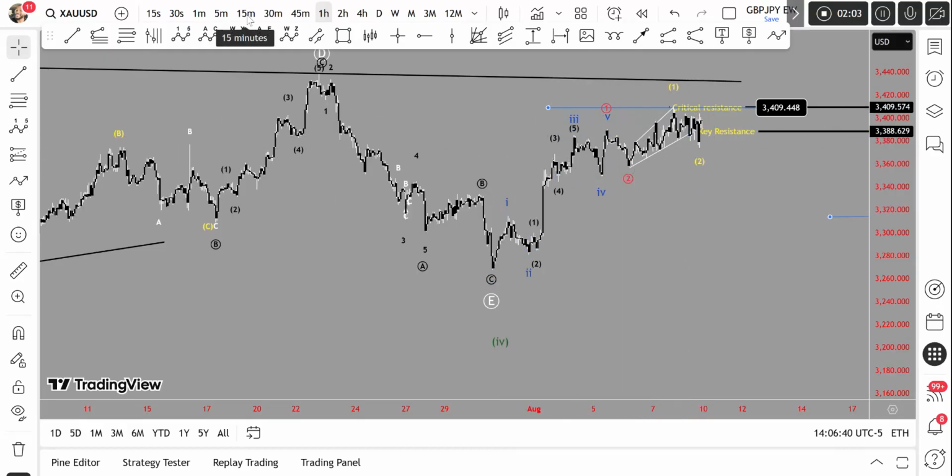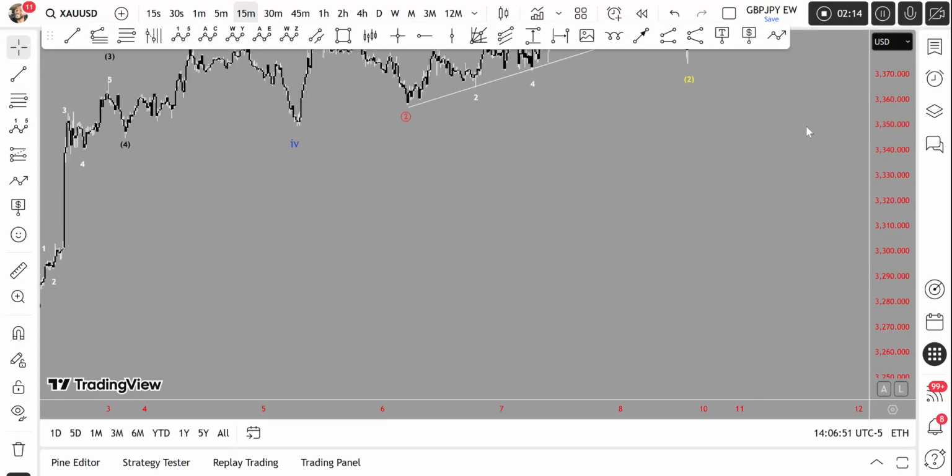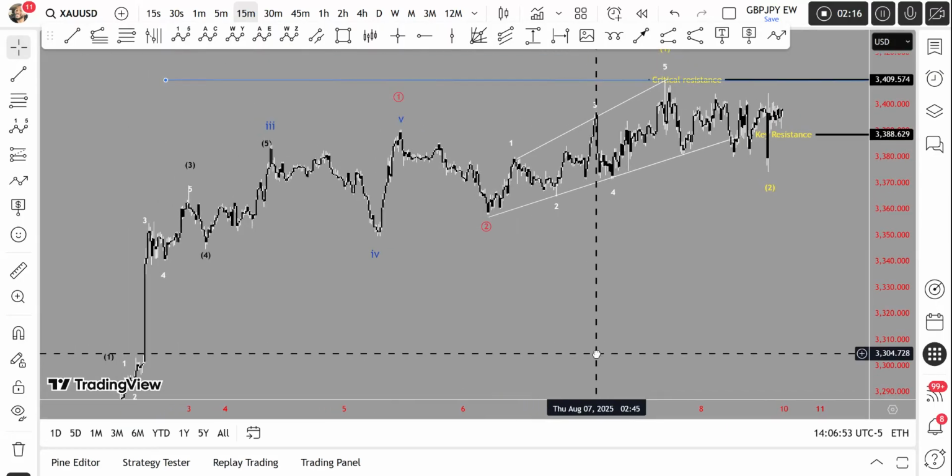And if we go down to our 15 minute, I kind of counted this consolidation to see where we were, and it's pretty clear on the 15-minute time frame. So let's go here again.